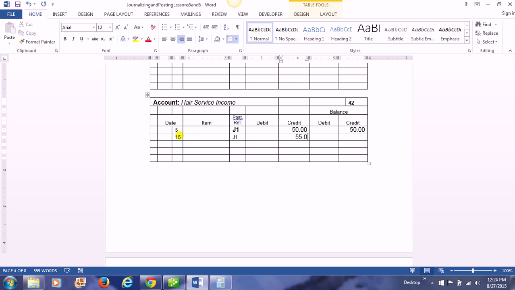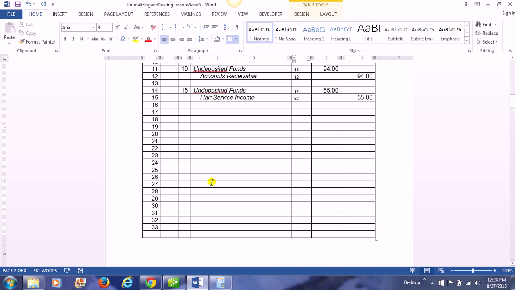Credit it for $55. That is what we have earned. And now the new balance, we calculate a new balance in the hair services income account, and that would be $105.